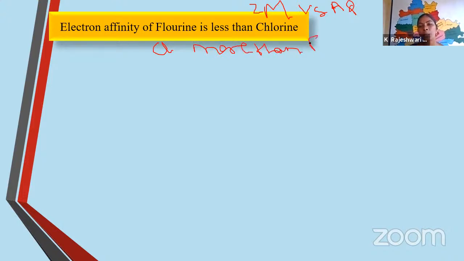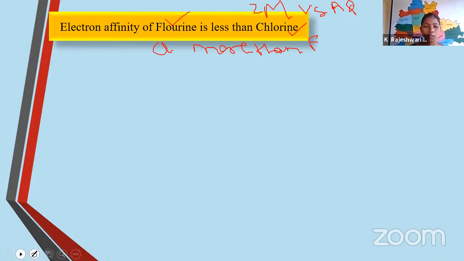Both mean the same, because chlorine is more and fluorine is less. So they may ask you either way. So why is it less?